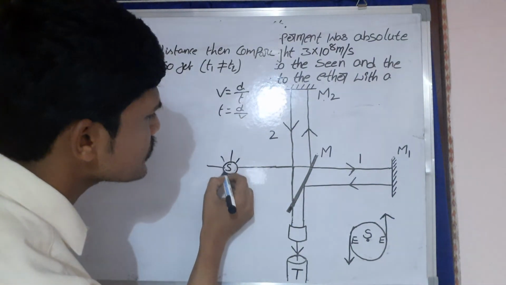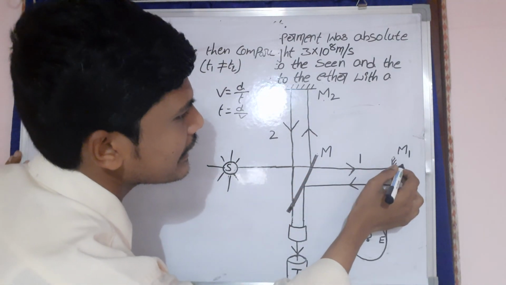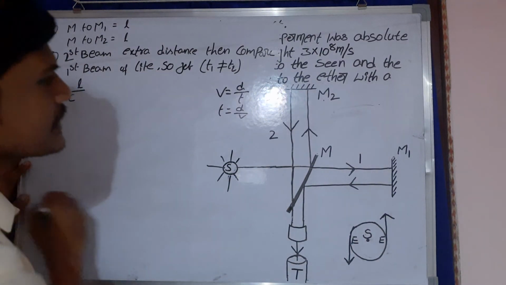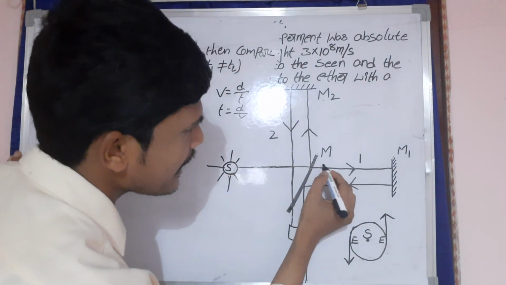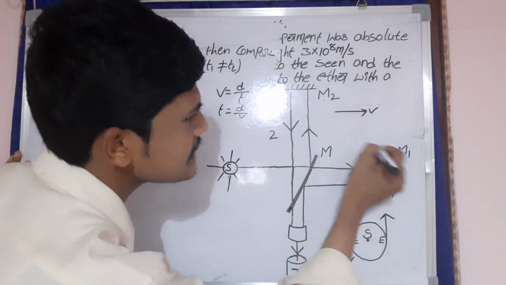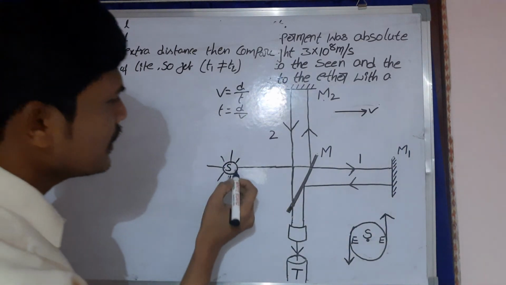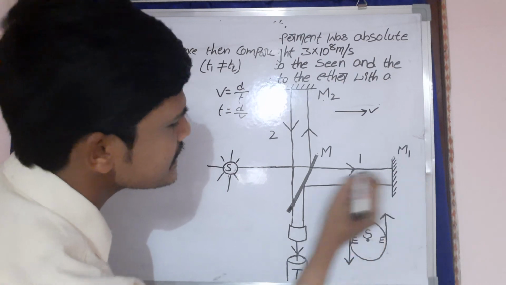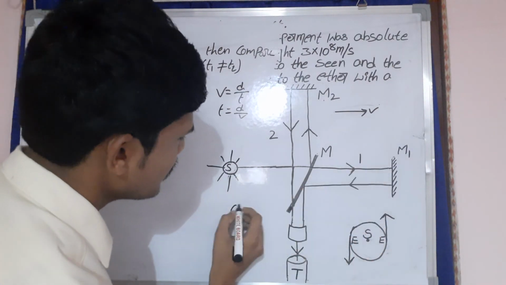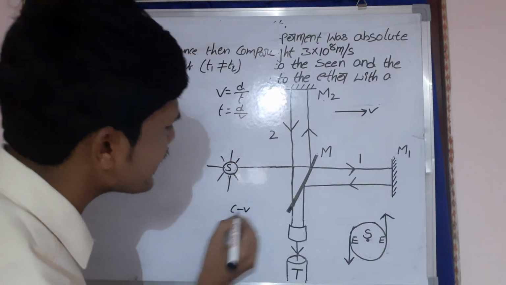The source of light travels to mirror M1 with speed c, and the distance is also affected by v, so it is c minus v. The remaining distance is calculated with c minus v.